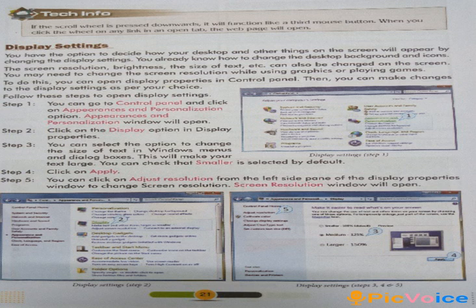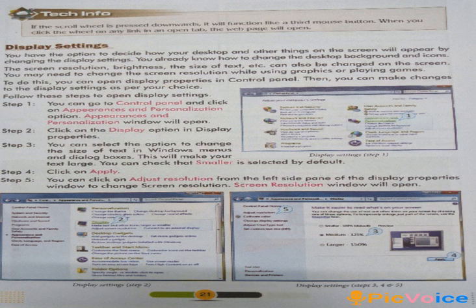You have the option to decide how your desktop and other things on the screen will appear by changing the display settings. You already know how to change the desktop background and icons. The screen resolution, brightness, the size of text, etc. can also be changed on the screen.